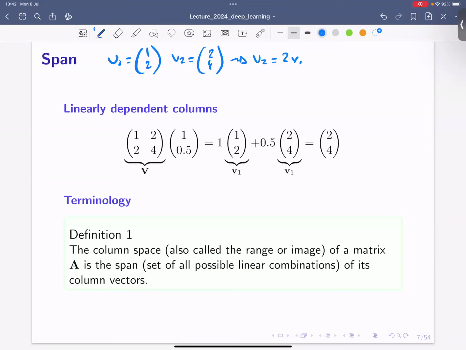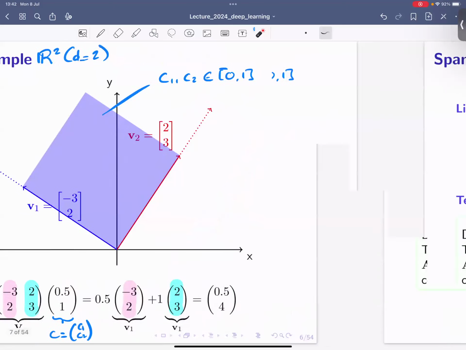So the columns are dependent. And then what happens if you try to form this sort of linear combination? Again, I take the same coefficients as before.